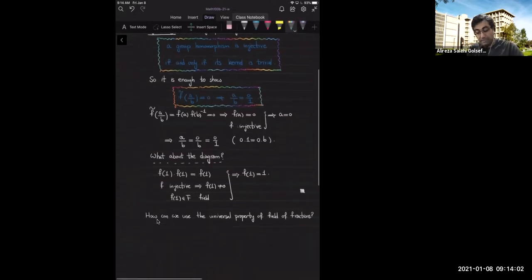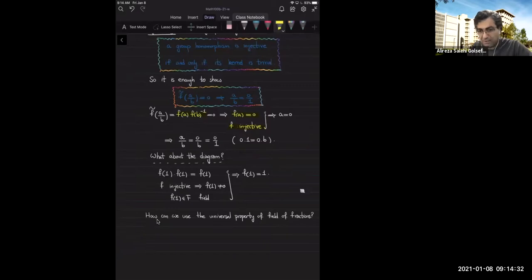Okay, so let's follow the definition of F tilde. F tilde of a over b, by definition, is F of the numerator times the inverse of F of the denominator, and that's supposed to be 0. I can multiply both sides by F of b, and I get that F of a is 0. But F is injective, therefore the only element in the kernel of F is 0.